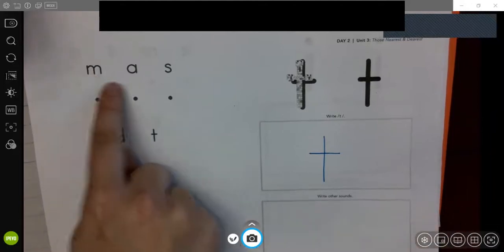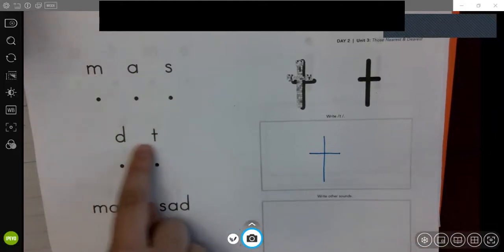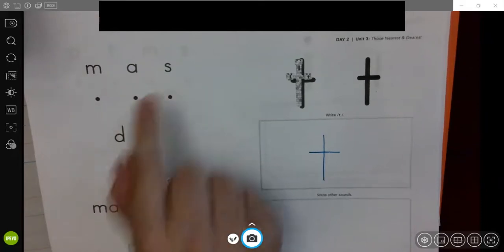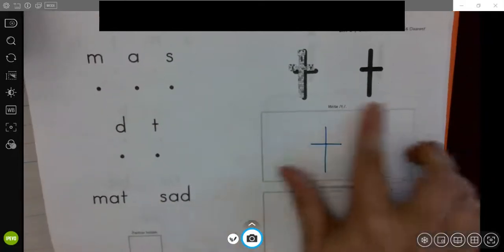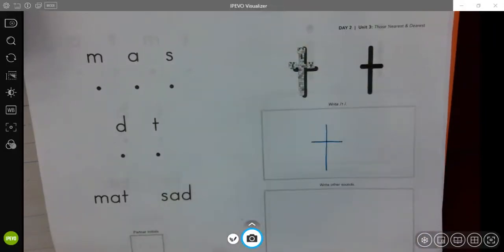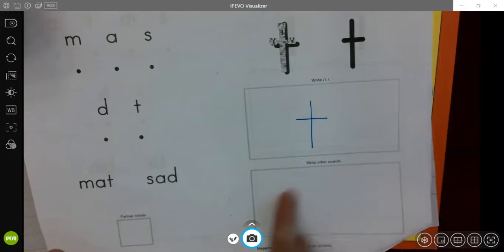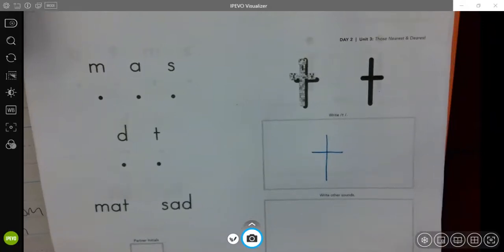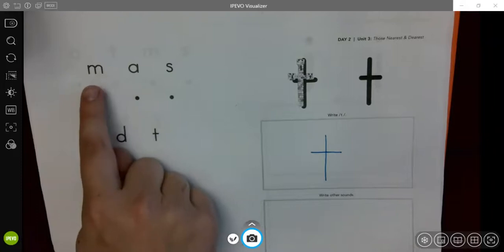So we have letters with dots underneath them. The dots help us point to each letter and make sure we are pointing at each letter. We have a space right here to write the letter we're working on today. And then we have an empty box right here. And I'll get to this in a second. So first, let's point to each letter we have learned and practice saying those sounds.